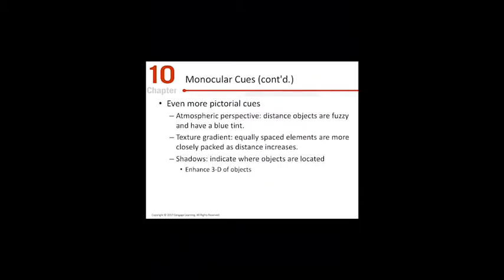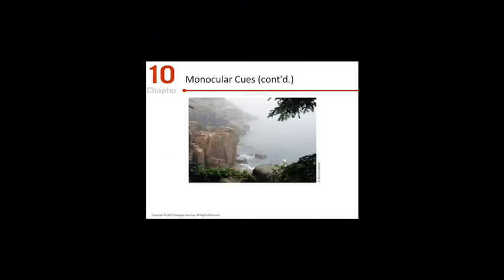So a few more pictorial cues. Atmospheric perspective is where distant objects tend to be kind of fuzzy and have a blue tint, because the further away an object is, the more air particles and air pollution and dust and water droplets we're going to have to look through. For example, here, this point in the distance, this part right here is much fuzzier compared to this little bird right here that's staring at us.